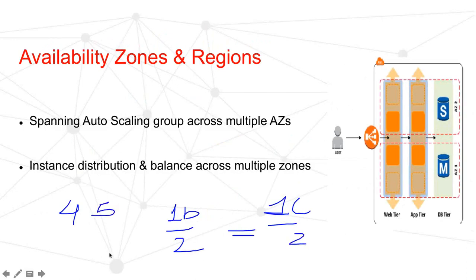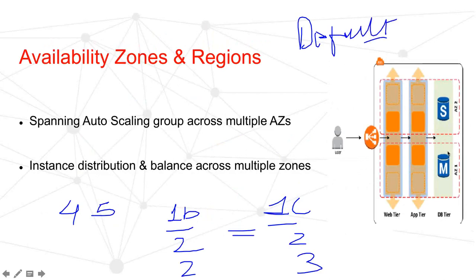If you have 5, then it's quite obvious that you can't create a balance, so it will have 2 in one and 3 in the second one. What I'm saying is that it always tries, I'm saying tries, to create a balance across all the AZs by ensuring that all the AZs contain an equal number of instances. It's a default behavior of your auto scaling.